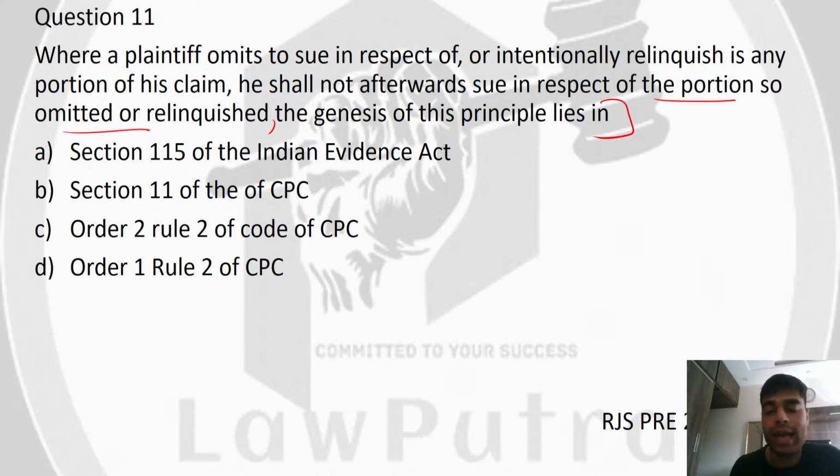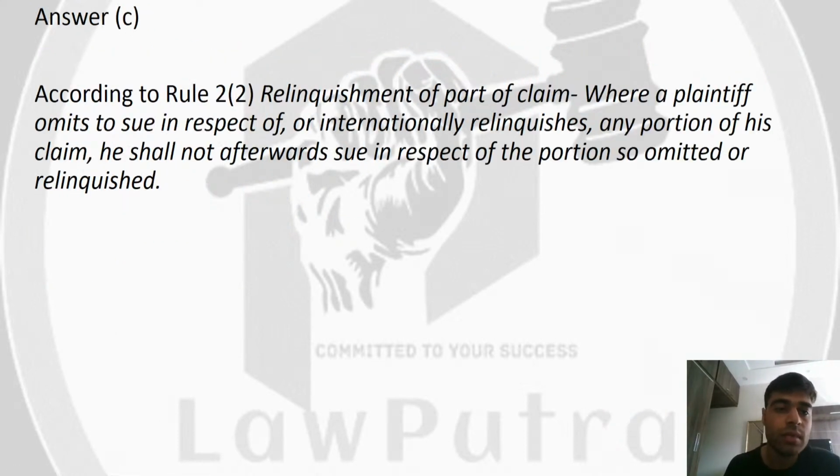If the plaintiff has a right to sue and he omits, either unintentionally or intentionally relinquishing that portion of the claim, afterwards he will not be given a right to sue again for that omitted or relinquished part. That is given under which part of CPC? The answer is C.